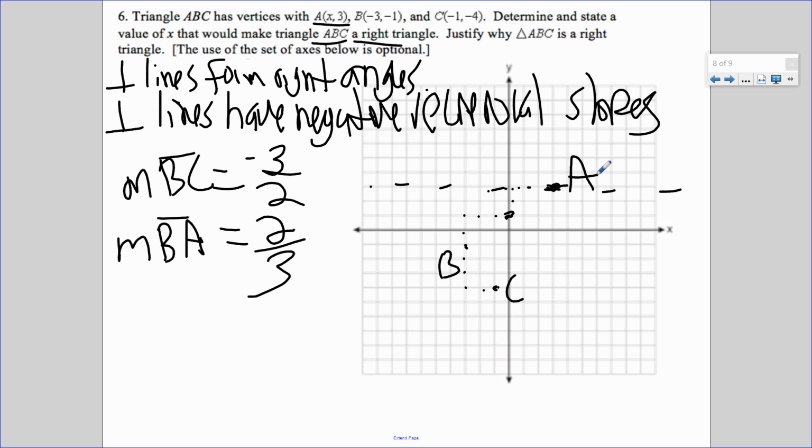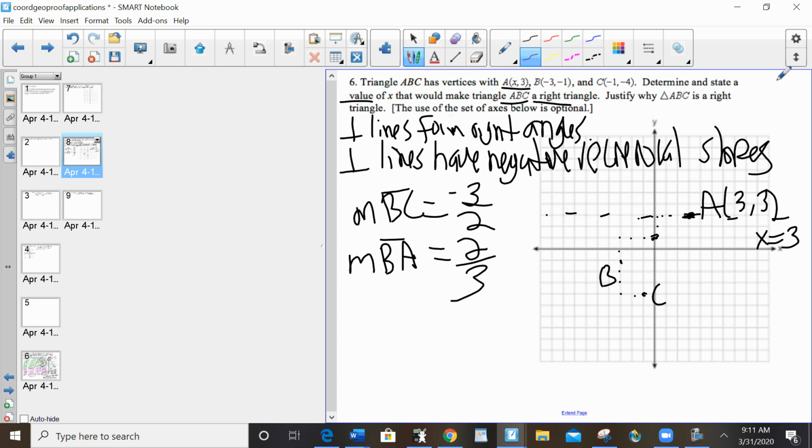That's point A. It's 3, comma 3. So the value of x equals 3. So now I'm going to draw in my triangle.